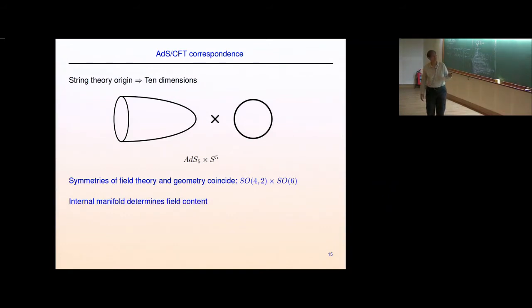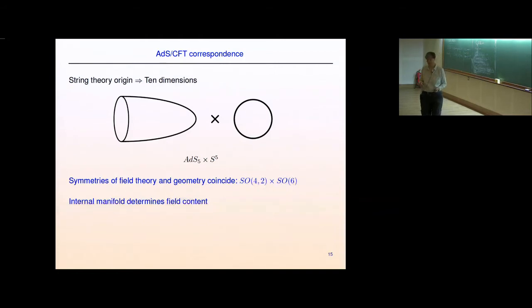And if you have that, then you explicitly see that the symmetries of the field theory and the geometry coincide, because AdS5 has, again, this SO(4,2), the same as the conformal symmetry, and a 5-dimensional sphere has an SO(6) symmetry. And SO(6) is isomorphic to SU(4). So SU(4) and SO(6) are the same. They're isomorphic, and so this is your geometric realization of this SU(4) group.